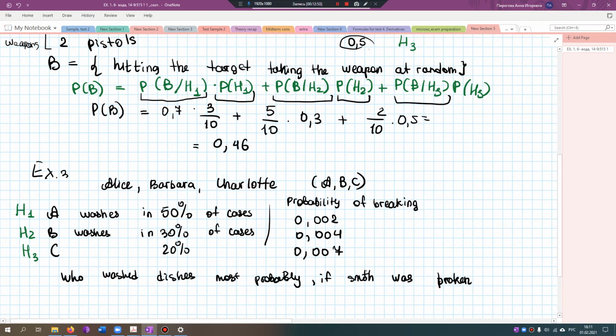R will be the event that something was broken.